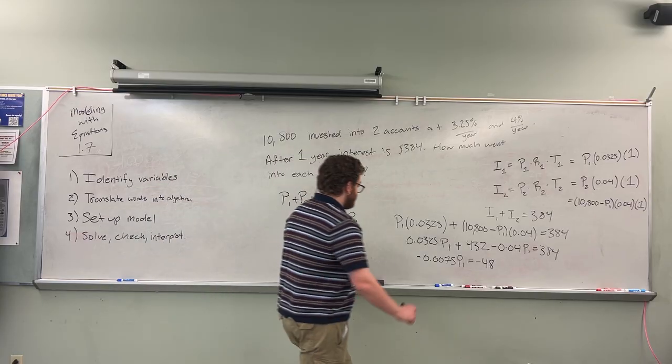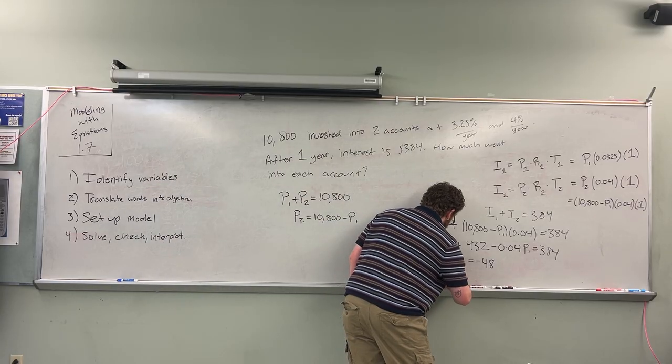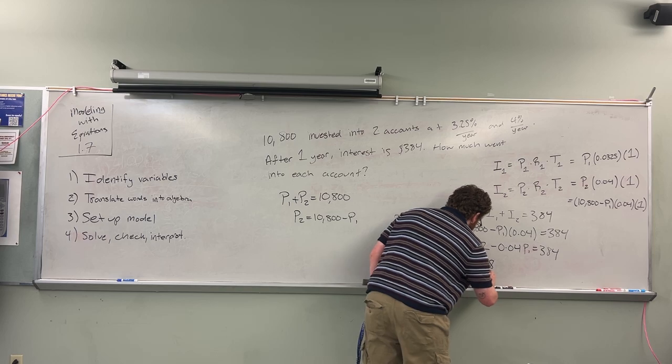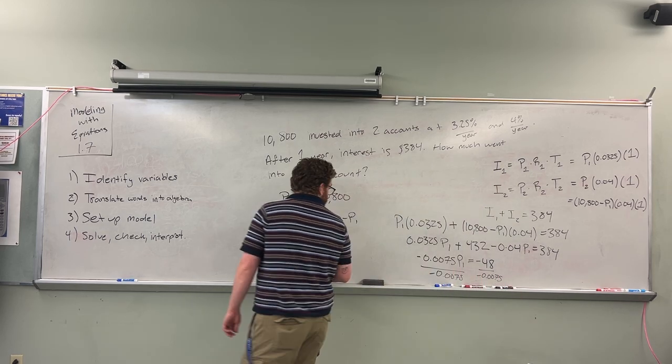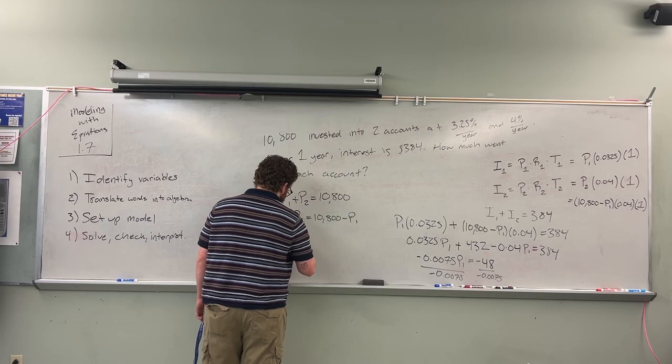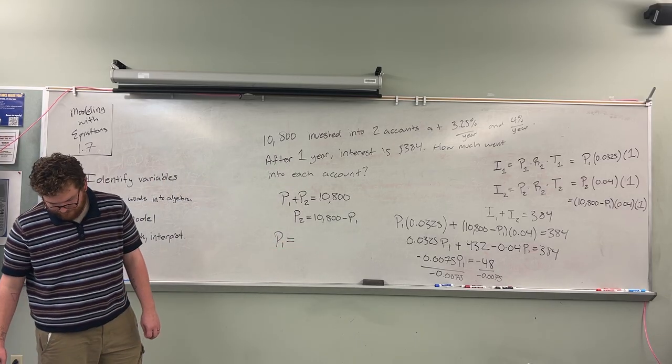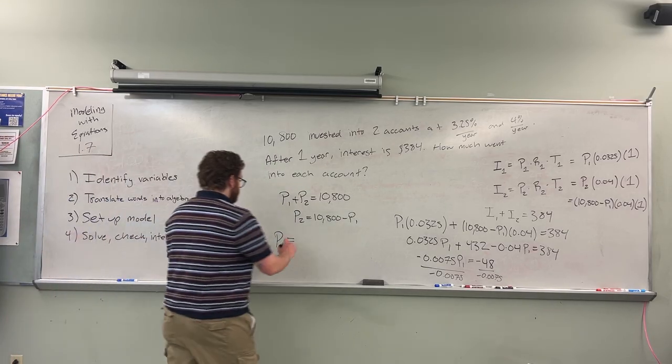Then I just divide by negative 0.0075 on both sides. And I get P1 is equal to 6,400.